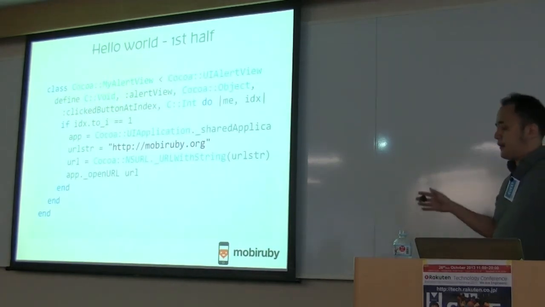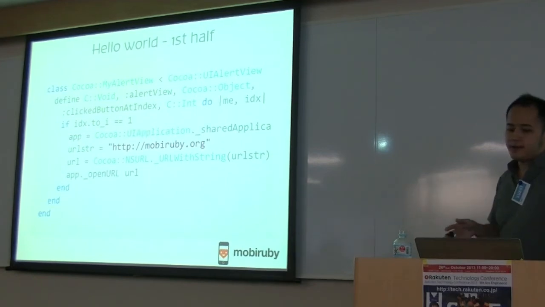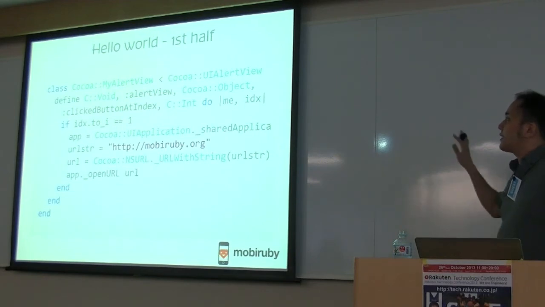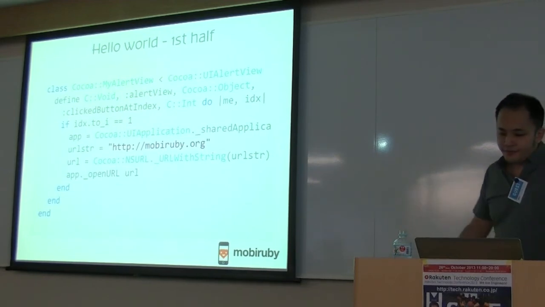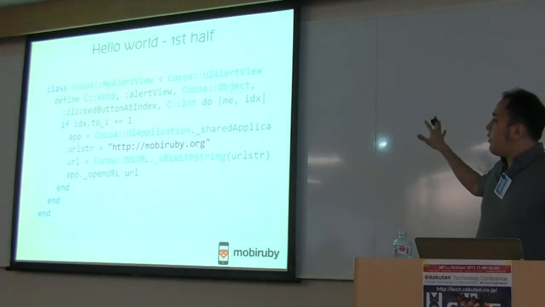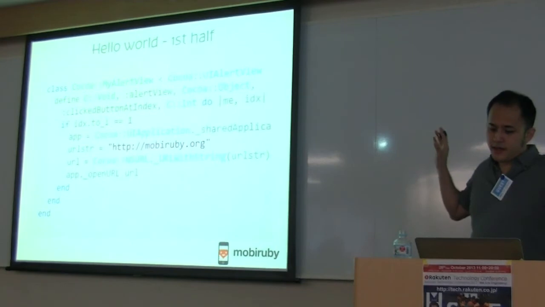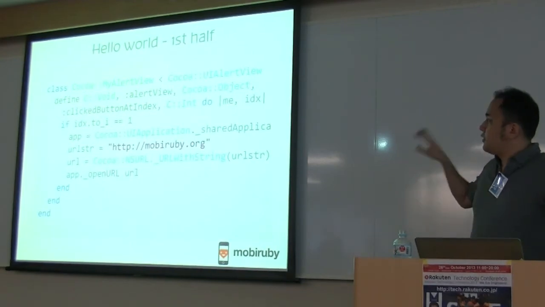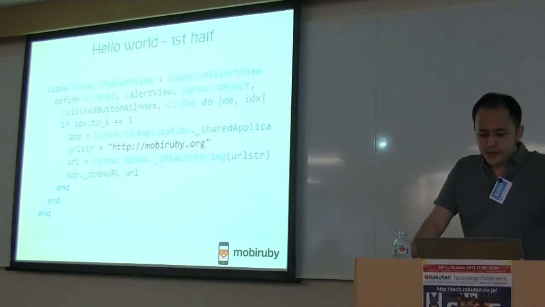In the first half, the code defines a new class, MyAlertView. It inherits from the UIAlertView class. UIAlertView is a Cocoa native class, and in this code the Cocoa native class is inherited by the Ruby class.